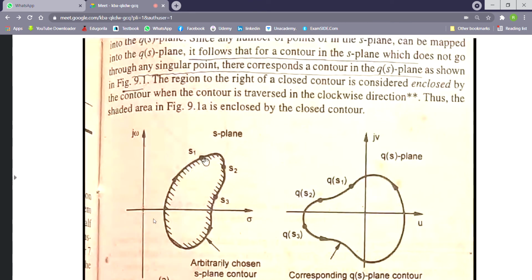So in this figure, the shaded region is enclosed by this closed contour, and the regions lying to the left of this contour are not enclosed by this contour.